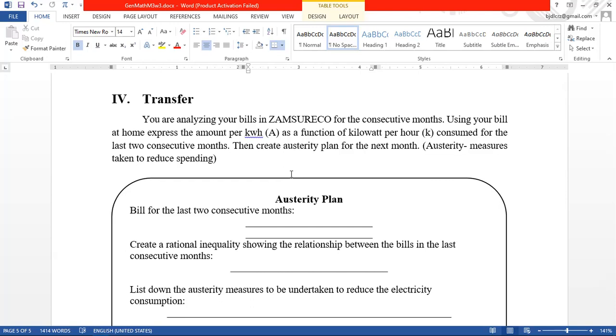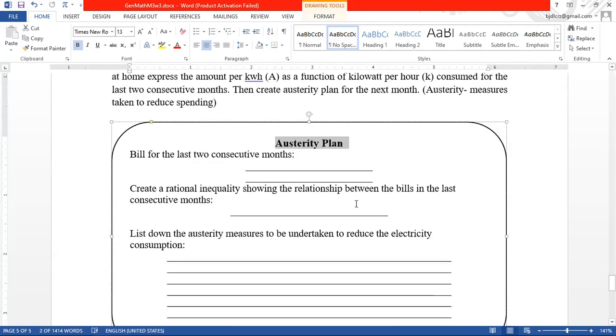And then you're going to create austerity plan for the next month. Okay, austerity. It means the measures taken to reduce spending. Okay, for this one, this is an example of austerity plan.